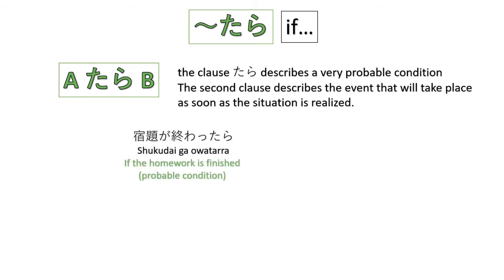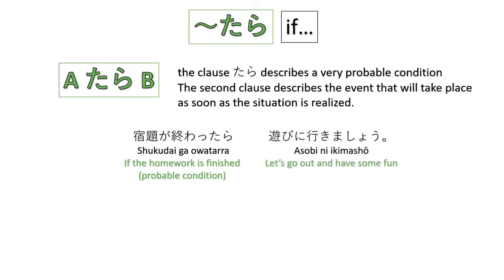For example, we have this sentence: Shukudai ga owattara, if the homework is finished, asobi ni ikimashou. Let's go out and have fun. Or if I finish the homework, we can go out and have some fun.